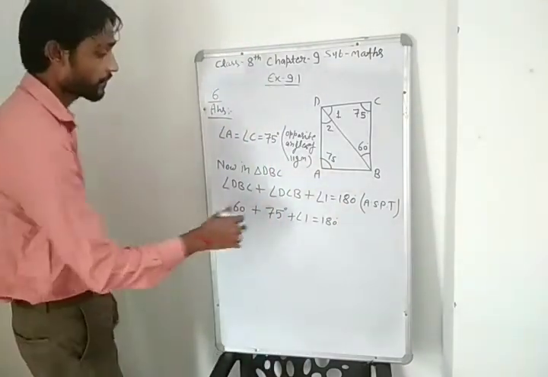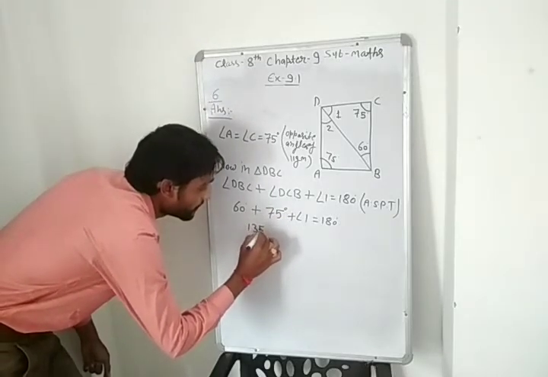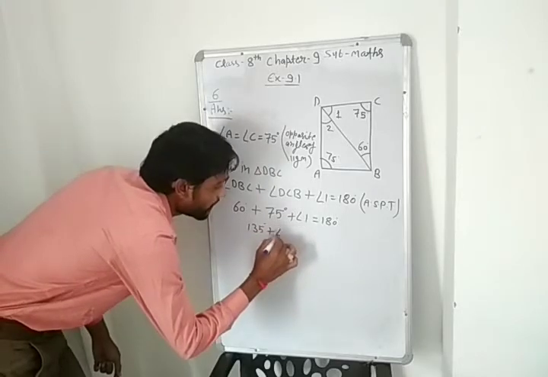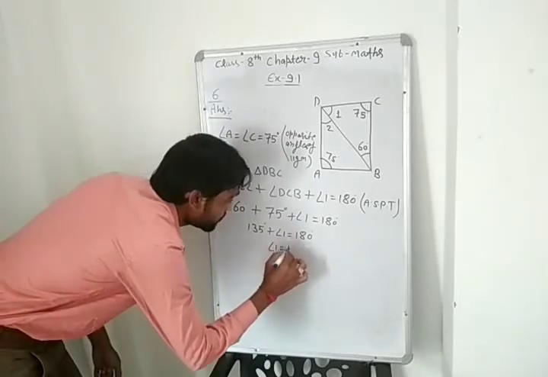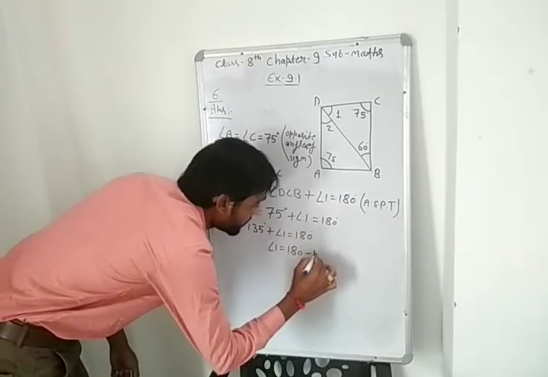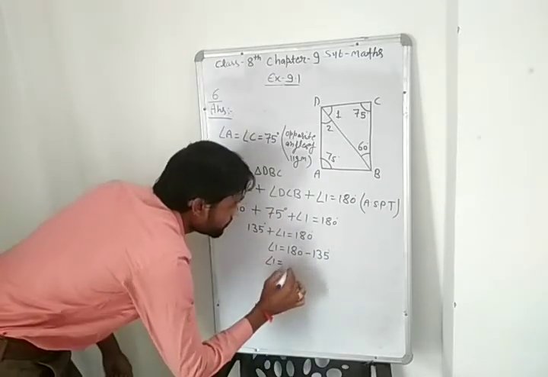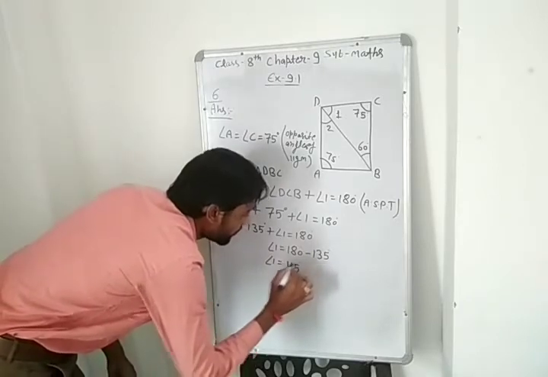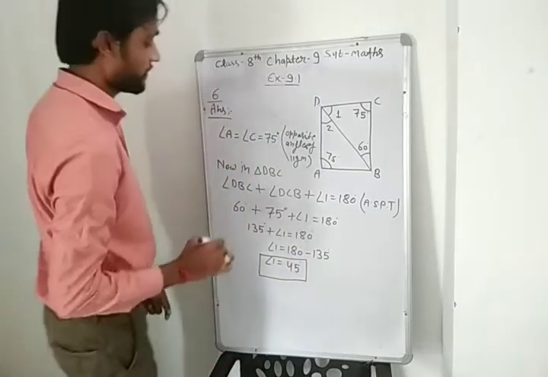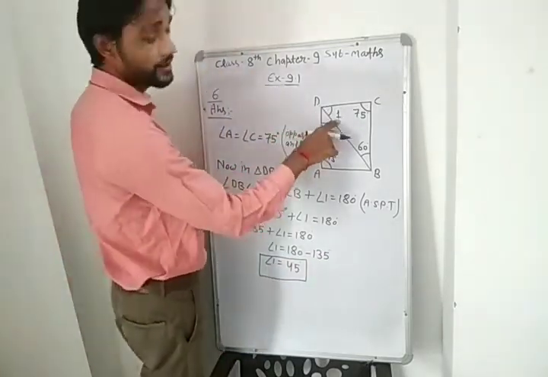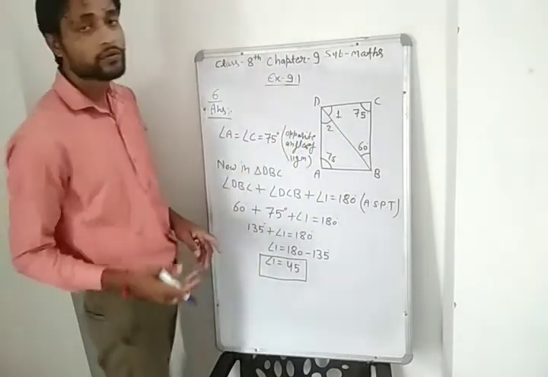Now 60 plus 75 is 135, plus angle 1 is equal to 180 degrees. Then angle 1 is equal to 180 degrees minus 135 degrees, so angle 1 is 45 degrees. Clear? So the value of angle 1 is 45 degrees.